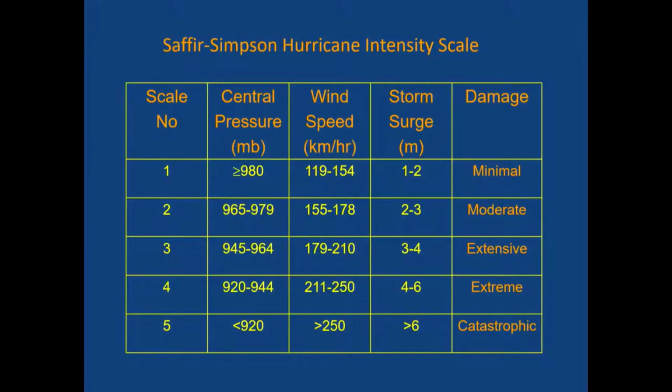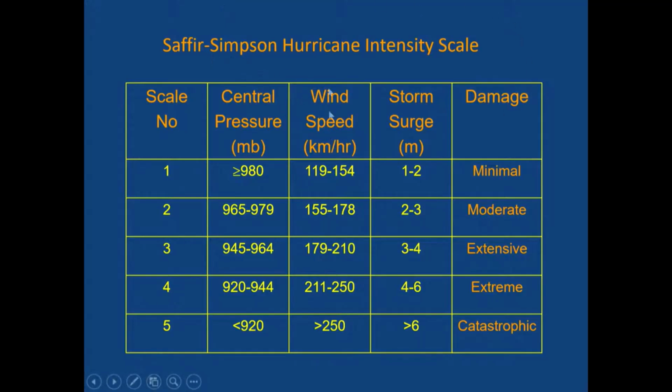Now this tells you the Saffir-Simpson hurricane intensity scale, and the scale is divided into 5 categories. In category one, the central pressure, meaning the eye of the cyclone, is greater than or equal to 980, then slowly it is decreasing. As it keeps decreasing, the cyclone is becoming more intense.